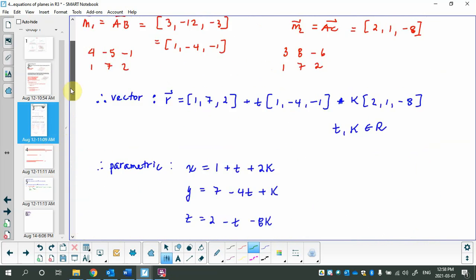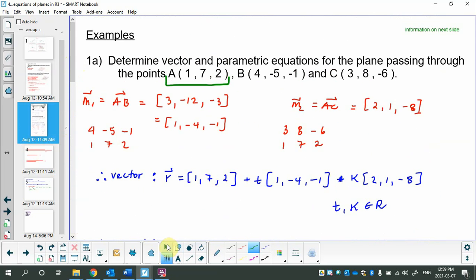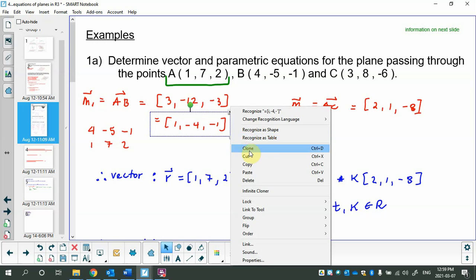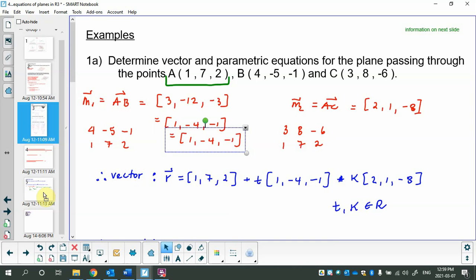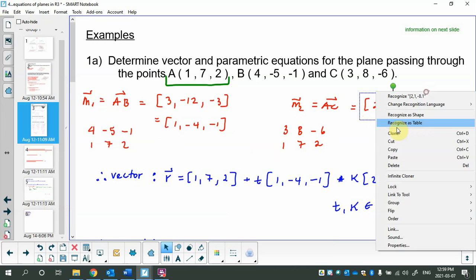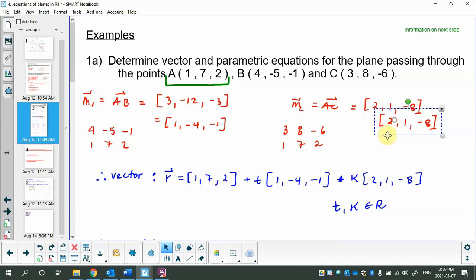So what I need to steal is this, my direction vector 1. It's this, my direction vector 2.